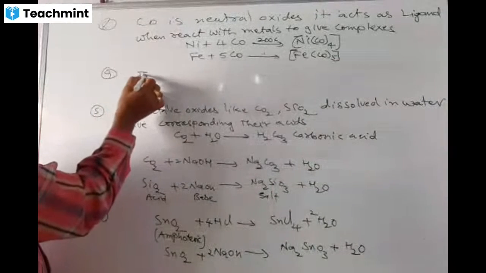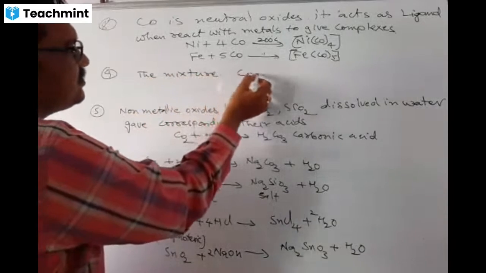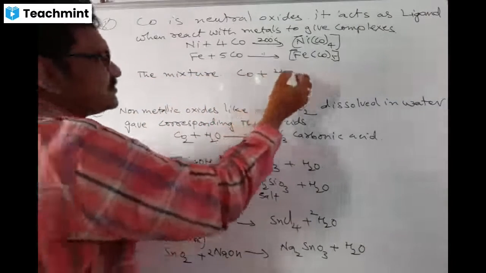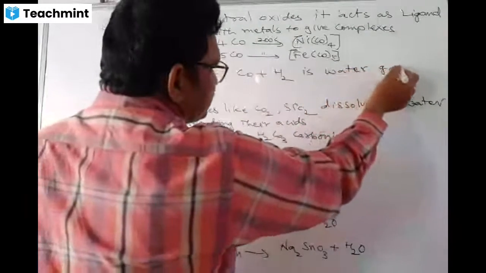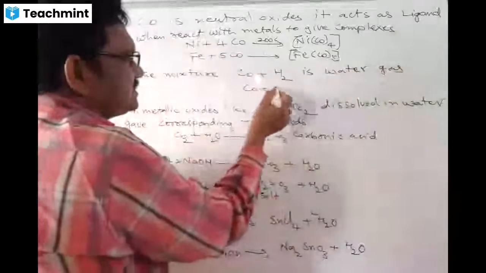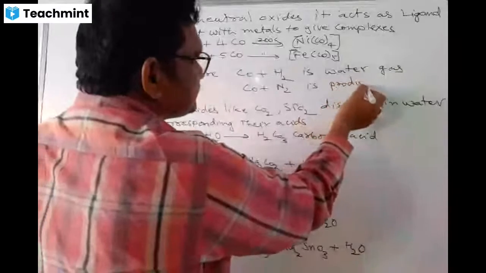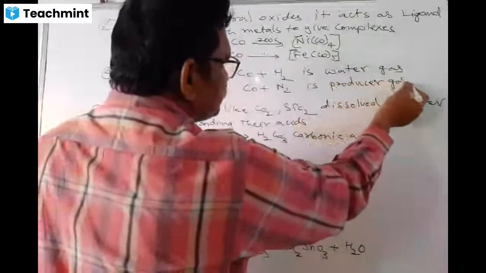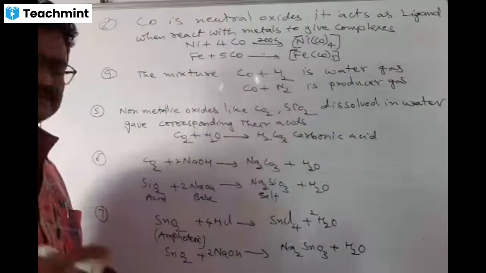See, the mixture of carbon monoxide plus H2 is water gas. Remember this. Carbon monoxide plus N2 is producer gas.